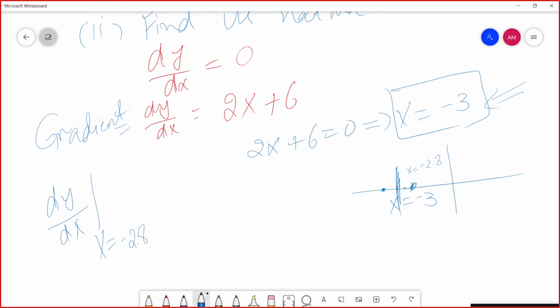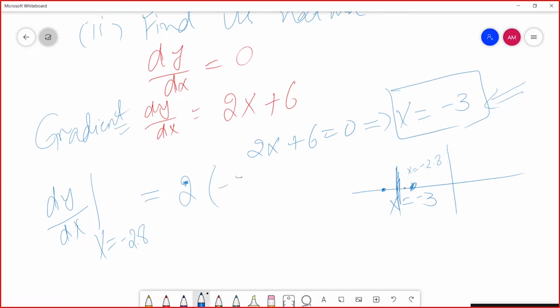Yes? Yep. And where do you have to put it? Can you help me to write? You substitute it instead of x. So it would be 2 times, we took -2.9. Should I take -2.9, or are you happy with -2.8? -2.8.